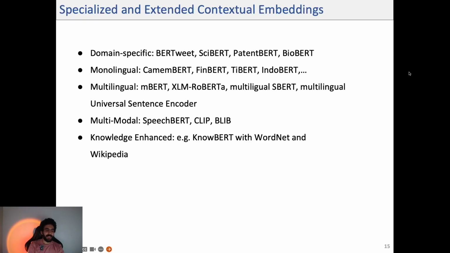And finally, there are models that include structured knowledge, like KnowBERT, which combines BERT with external sources like WordNet, Wikipedia, and so on. So in the end, depending on your task, language, domain, or even data type, there is probably a specialized embedding model that fits better than a plain vanilla BERT that you can use, experiment with, and so on.